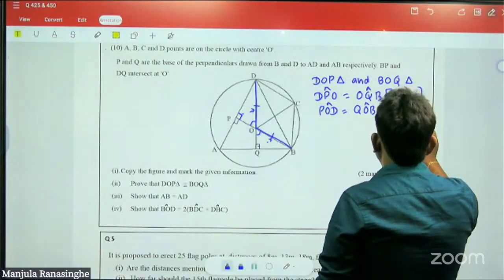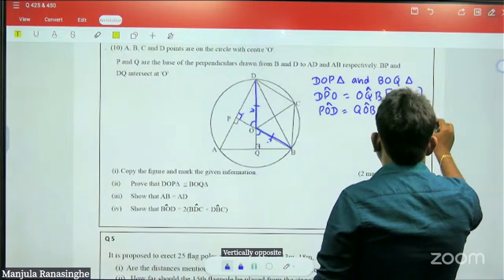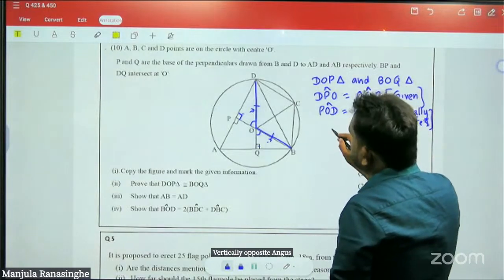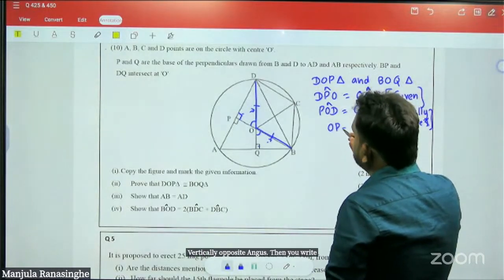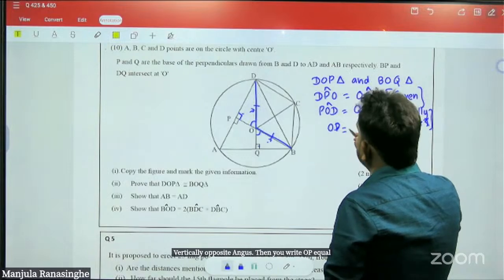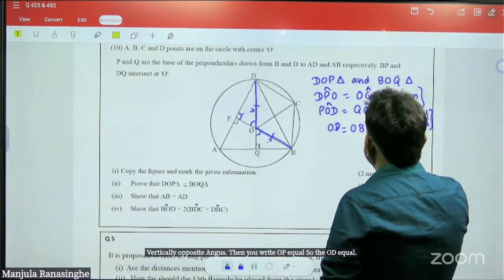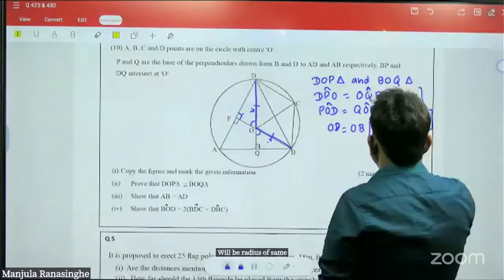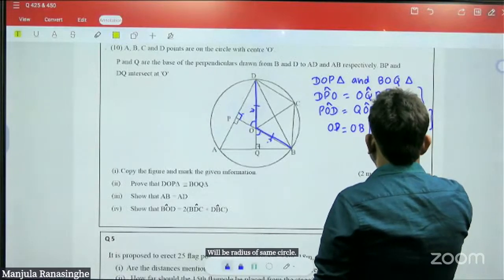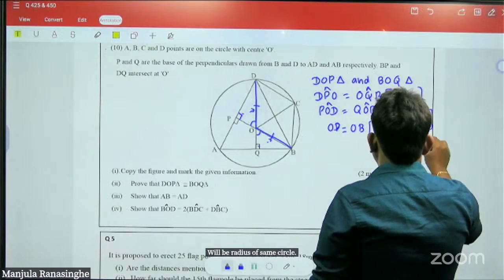Vertically opposite angles. Then you write OD equals OB, radius of the same circle. Radius of the same circle.